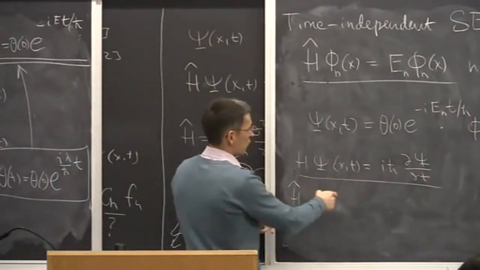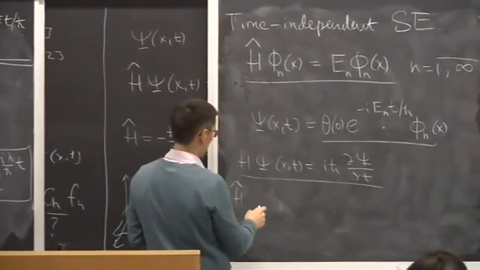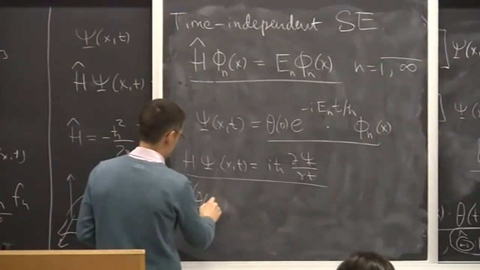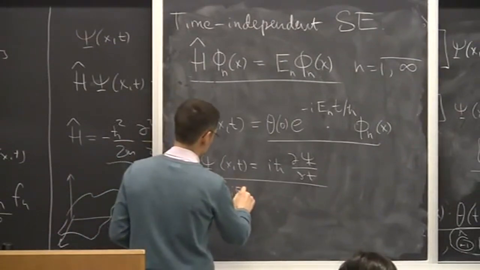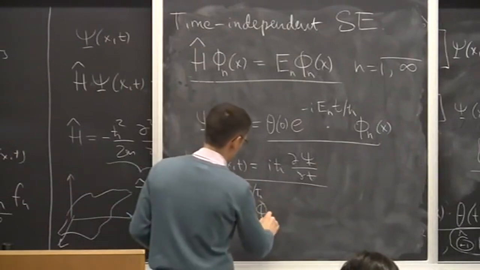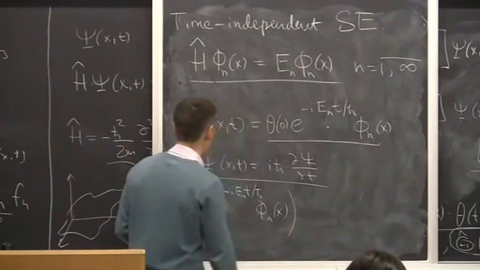It works because when you act with the Hamiltonian on this thing, theta 0, the exponent of minus i E_n t over h bar, phi_n of x, right?